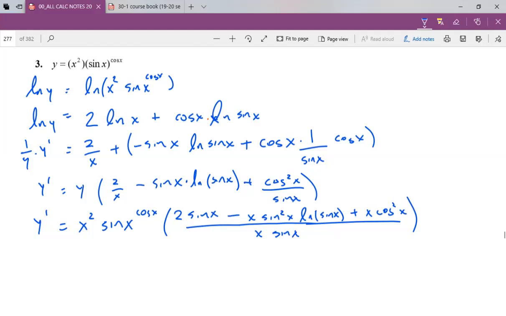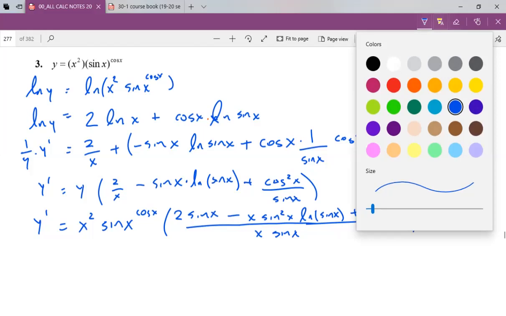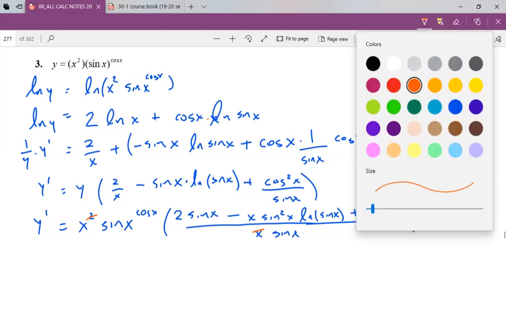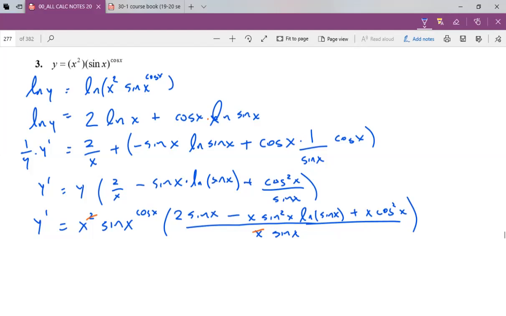So in our next step, the fact that we're expressing this as one denominator means that x is a factor of the whole denominator, and here we have x squared, so we can divide that out. Let's leave that sine x downstairs for a minute. We'll talk about that in a second.